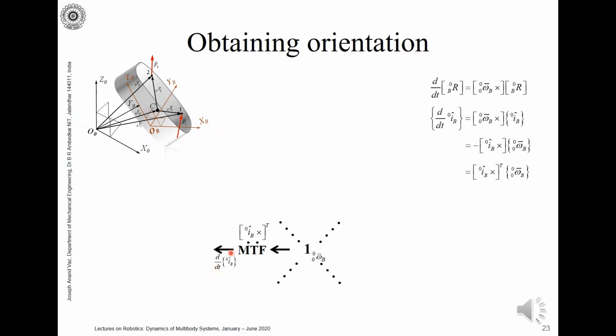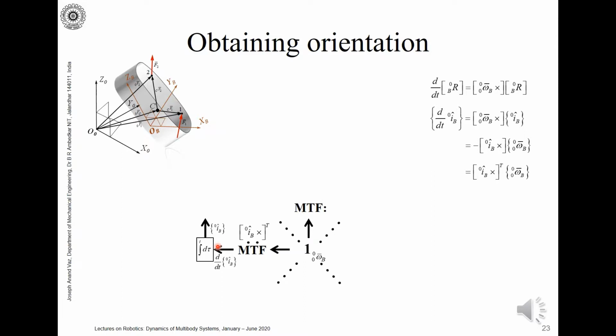This rate of change of the ith unit vector can be integrated with respect to time, and you obtain the unit vector itself if you know the initial condition, the initial orientation of the ith vector. So this is how the first column of the R matrix can be obtained.